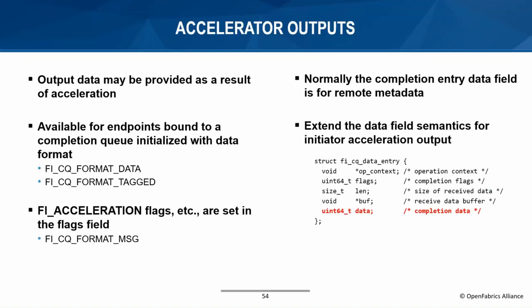For the accelerator output itself, the field we are using is the data field as part of the completion queue data entry structure. Currently, this is used at the receive side in OFI, and what we have done is use it at the send side as well. There are two ways it can be used on the send side.